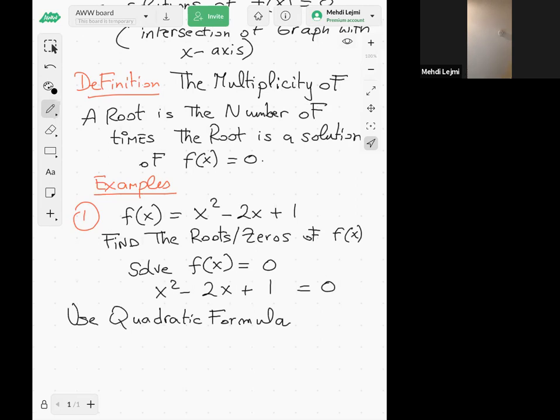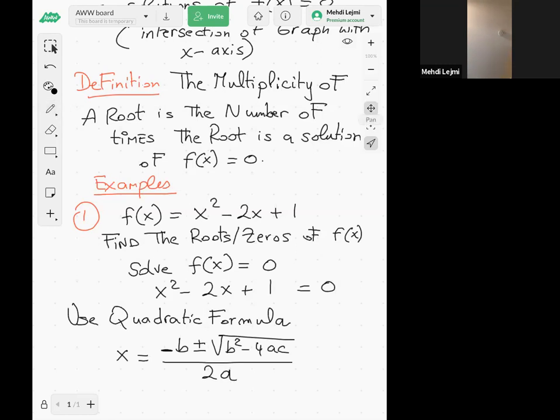The quadratic formula should be x equal to minus b plus or minus the square root of b squared minus 4ac, all over 2a.